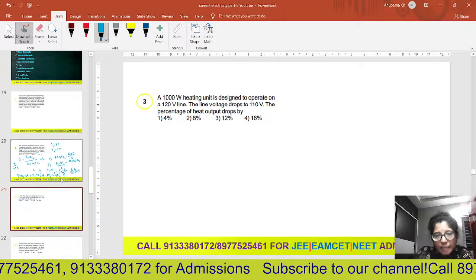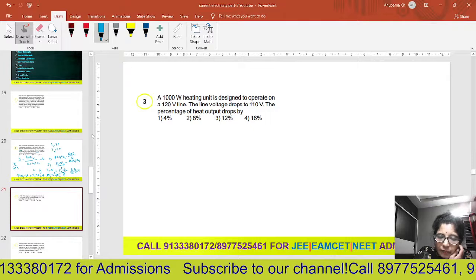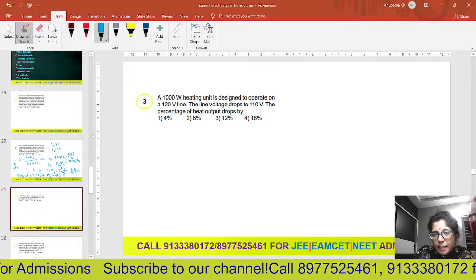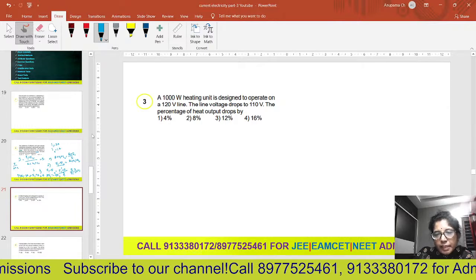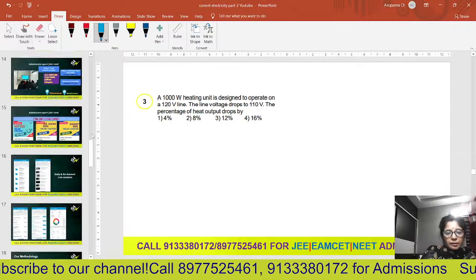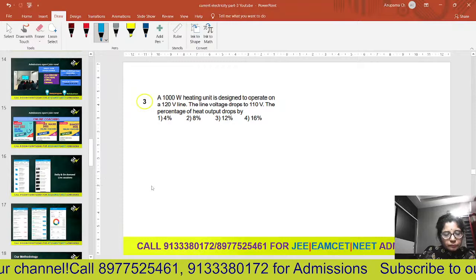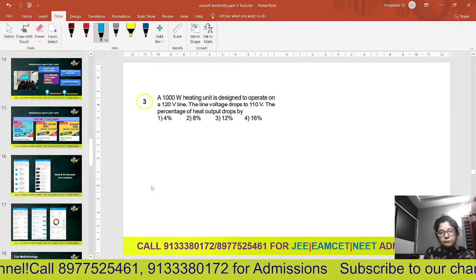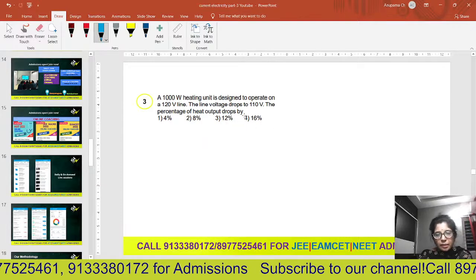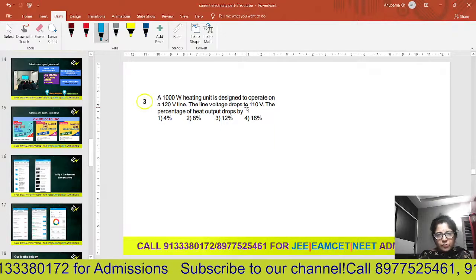A 1000 watts heating unit is designed to operate on a 120 volt line. The line voltage drops to 110 volts. The percentage of heat output drops by. Now here, V is equal to V1 is equal to 120 volts.